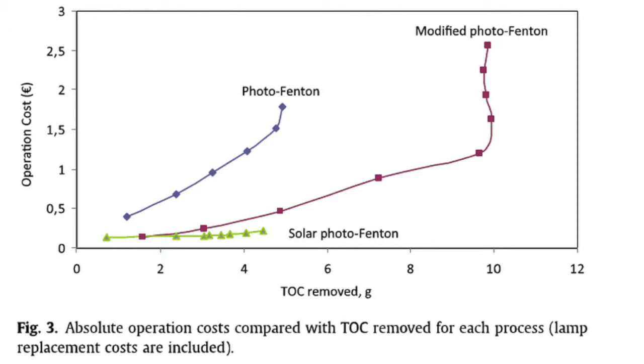This figure shows that economically it doesn't make sense to eliminate 100% of the dissolved organic carbon with the photo-Fenton process. The best method is to pre-treat the wastewater with photo-Fenton and leave the residual organic content for the much cheaper biological treatment to degrade.